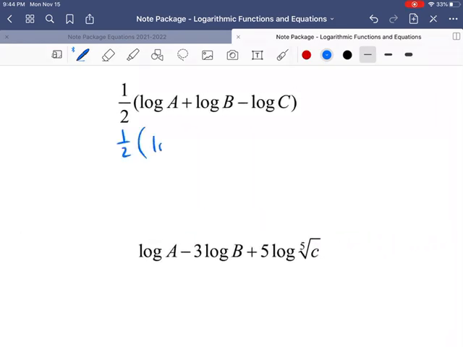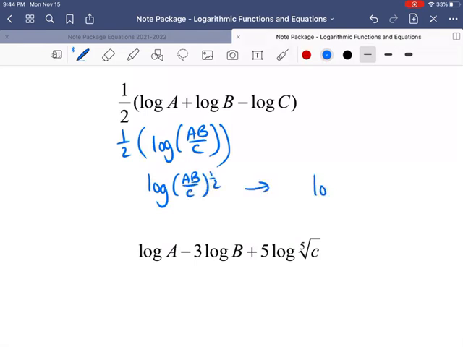We get half log AB over C, and then if we apply the exponent, you can get log AB over C to the 1/2, or you could even write this as log root AB over C.